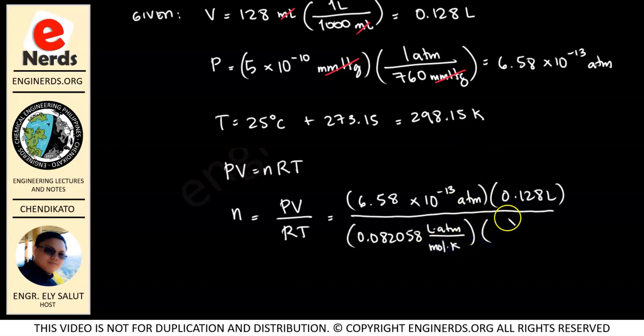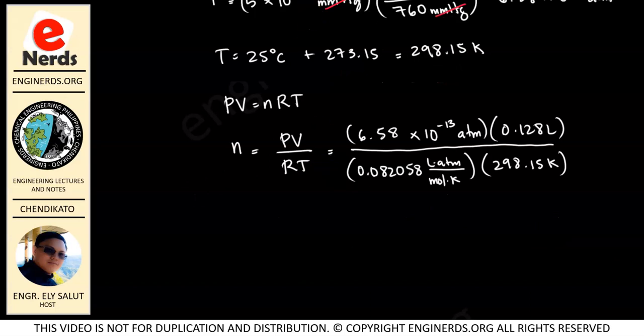Then temperature is 298.15 Kelvin. So let us check our units. Atmosphere will be cancelled out, liter will be cancelled out, and Kelvin will be cancelled out. So our answer will be in mole, right?